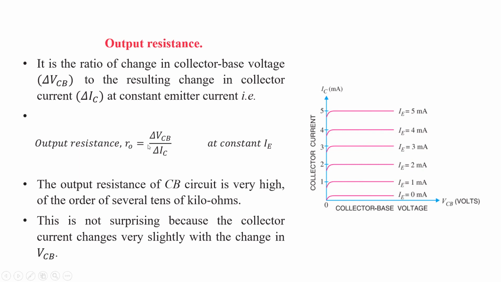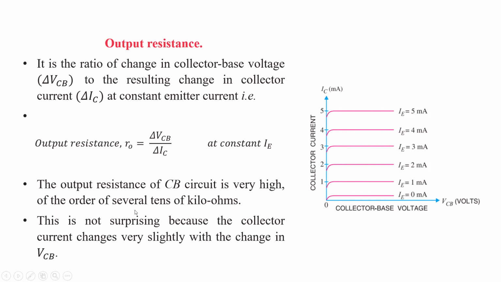Even if you change the value of VCB by a large value, the value of IC remains constant or the change in IC is very small. It is the ratio of a large value divided by a small value. It gives you the output resistance of the transistor as a very large value.